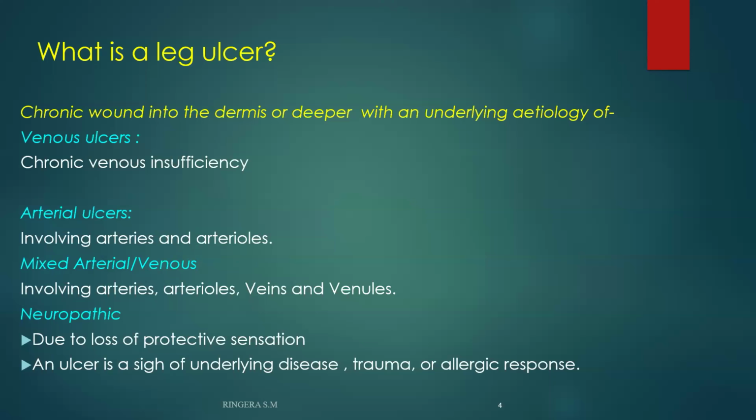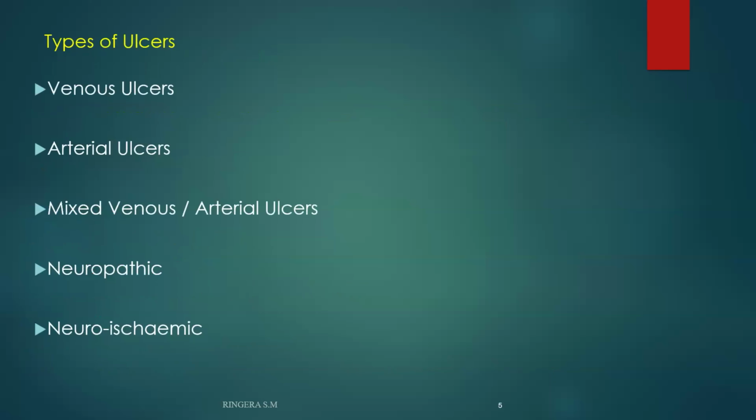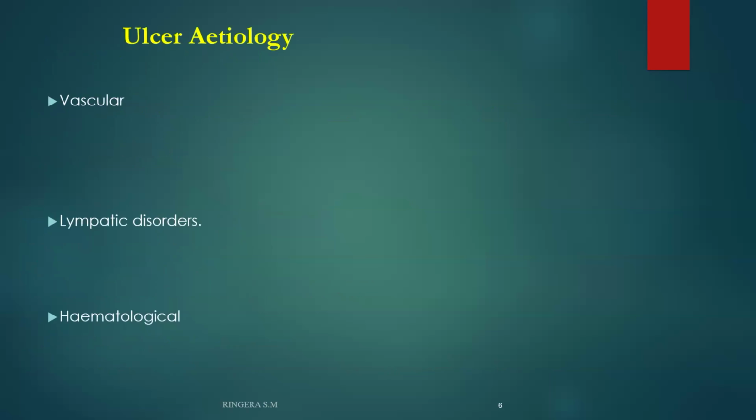And these are diabetic patients who have an accompanying arterial disease. So we have several types of ulcers. Your patient will come with a venous problem or an arterial problem or a mixture of the two, as we have just said, and or an ischemic or neuropathic condition.